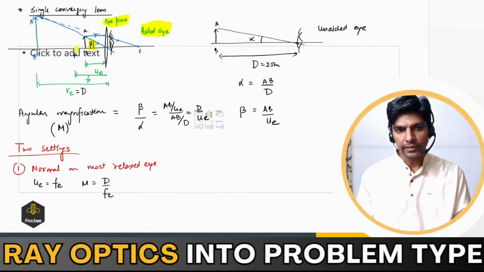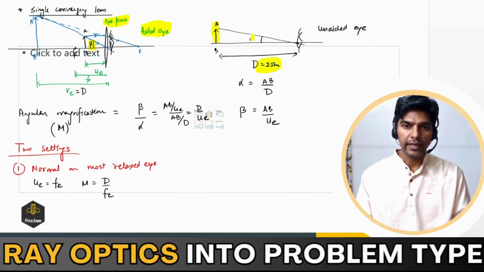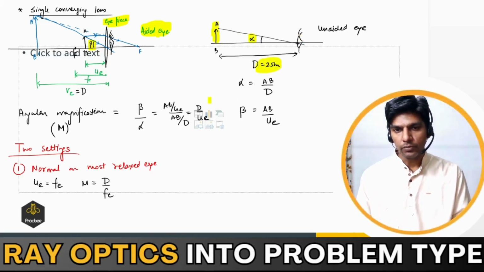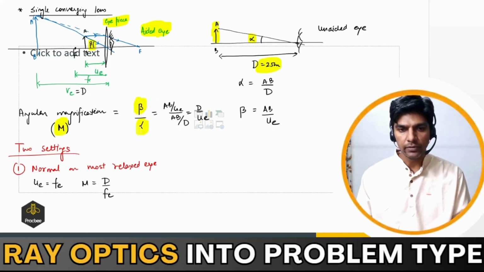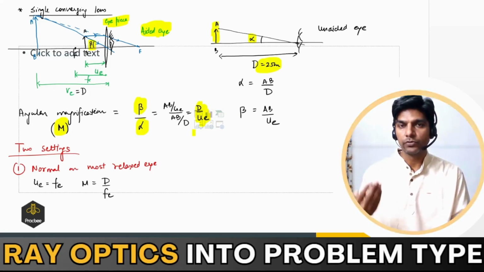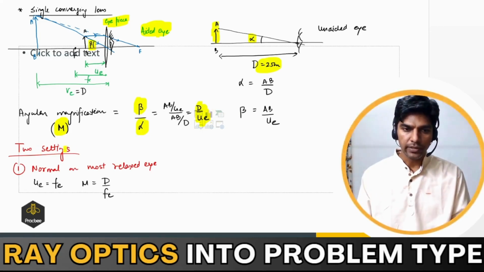The angle that this image subtends on the eye is beta. If we place the same object at a distance of 25 centimeter from the eye, the angle it subtends is alpha. The angular magnification is defined as the ratio of beta and alpha, and it comes out to be D by u_e. That is the general formula of angular magnification produced by the simple microscope. Now there are two settings.